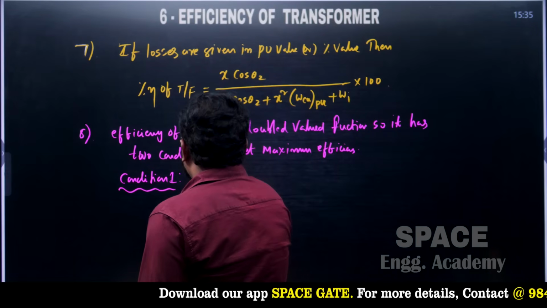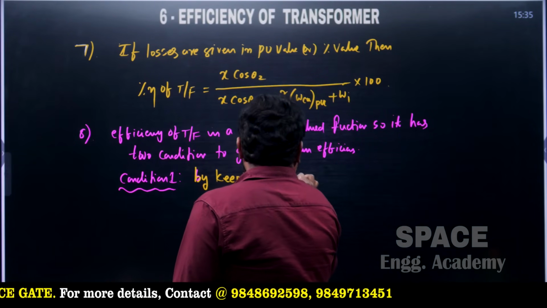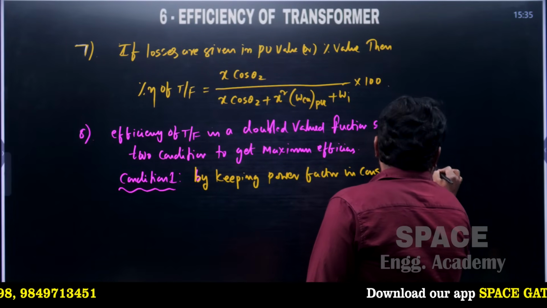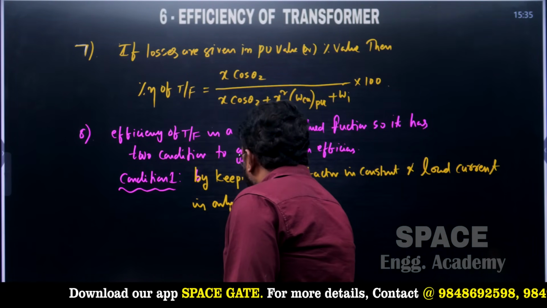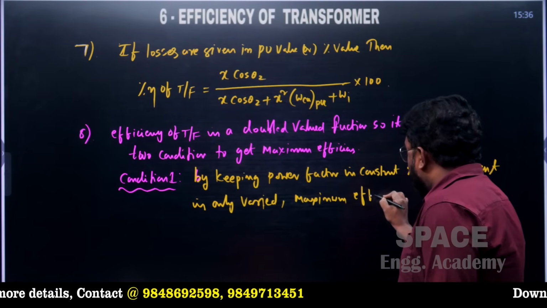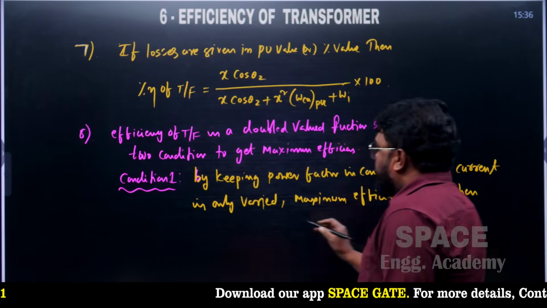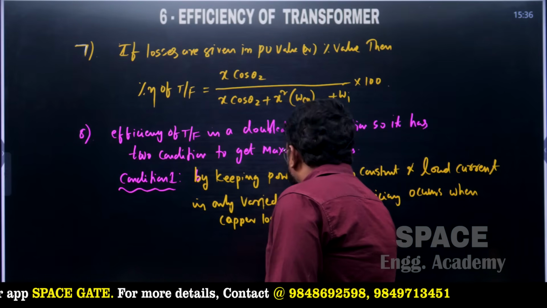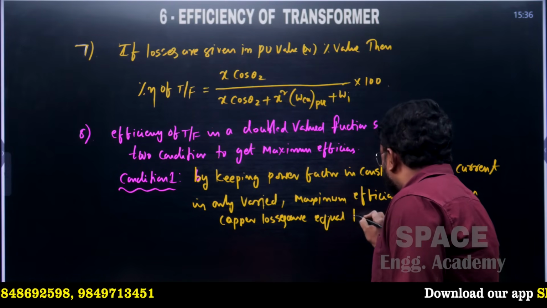So by keeping the power factor constant and only the load current varied, maximum efficiency occurs when the copper losses are equal to the iron losses.